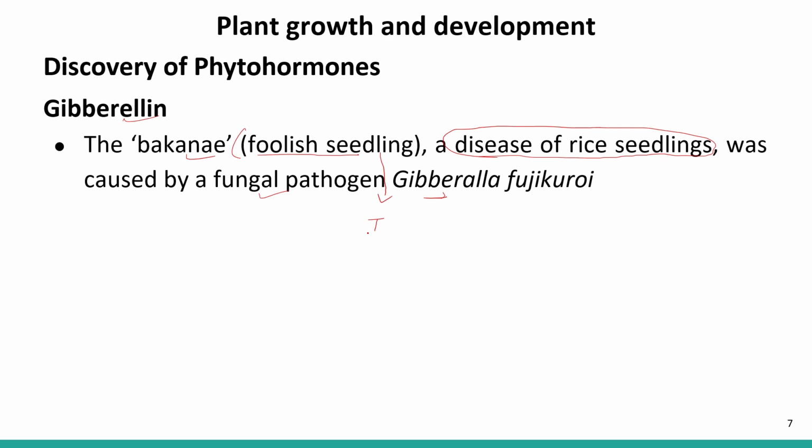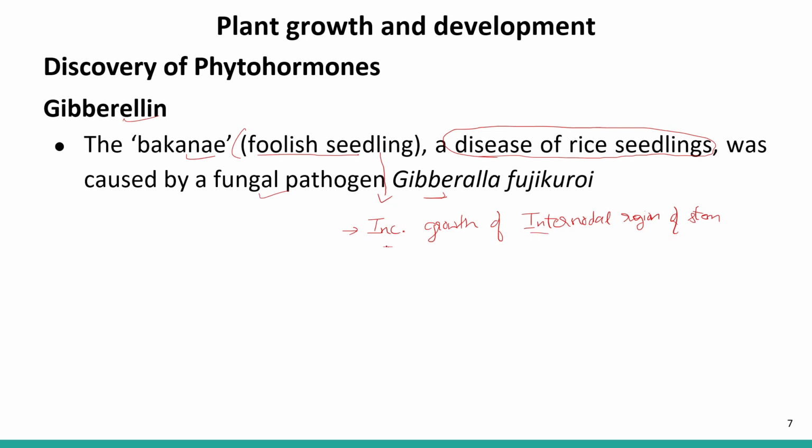Because there is an enhanced growth, or increased growth, of the internodal region of the stem, or you can say of the main axis. Now they observed why there is an increase in this internodal region.